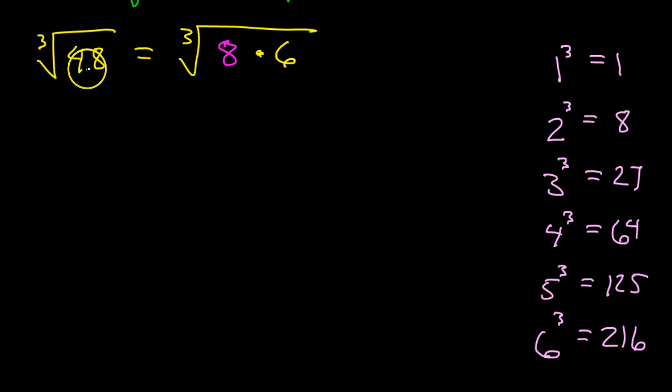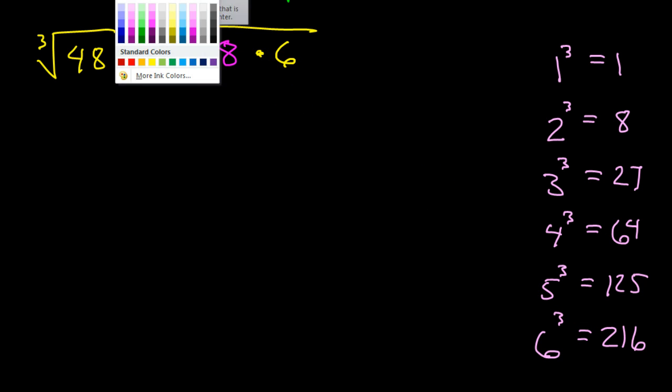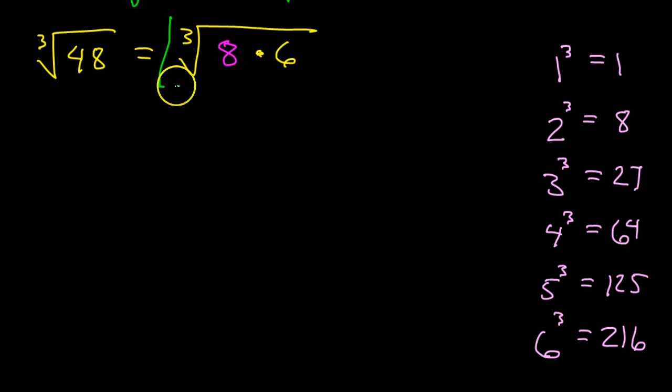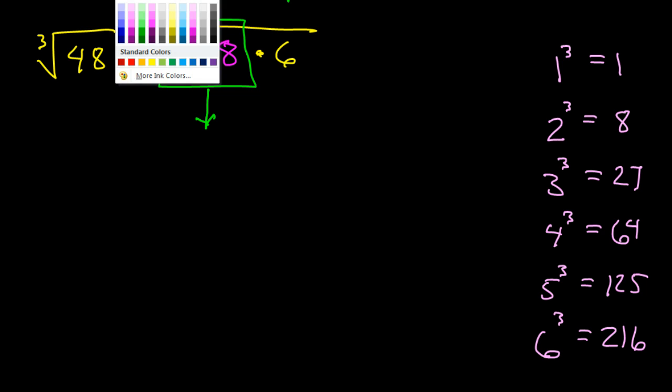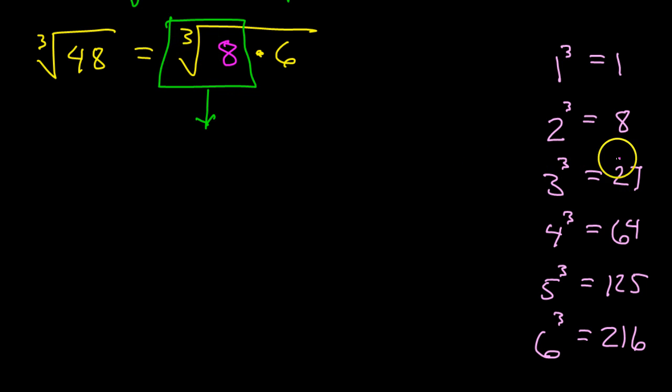So I've rewritten 48 as 8 times 6. Alright, the first number had to be one of these perfect cubes. The reason why is because we know what the cube root of 8 is. Okay, what is the cube root of 8? Yeah, the cube root of 8 is 2. So that's why we put it first, so we can go ahead and do it.